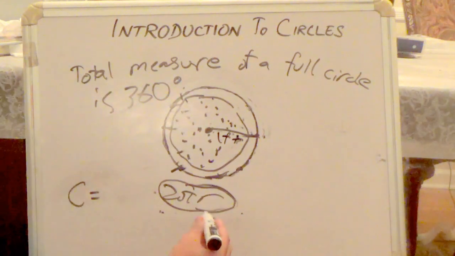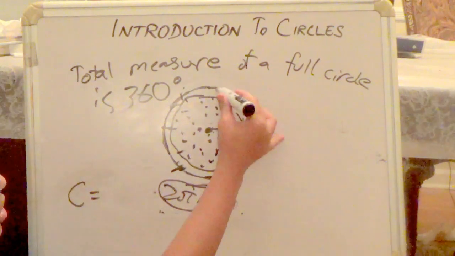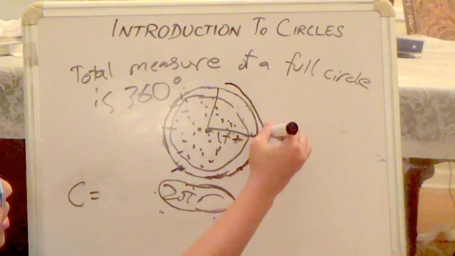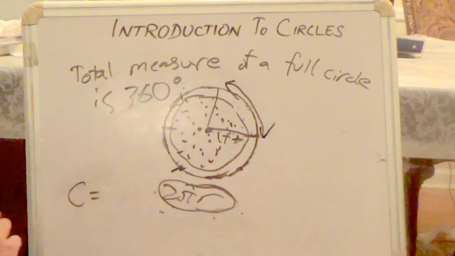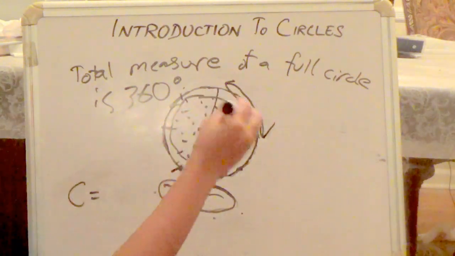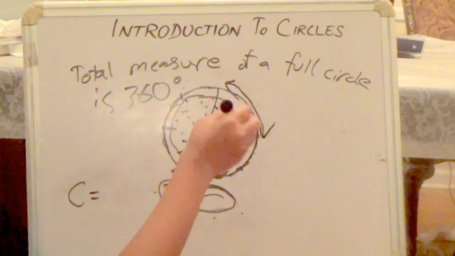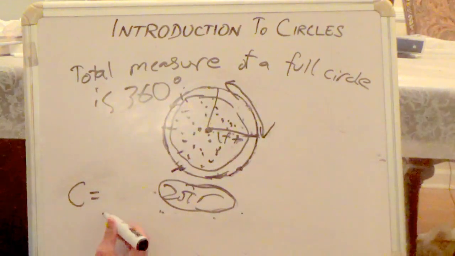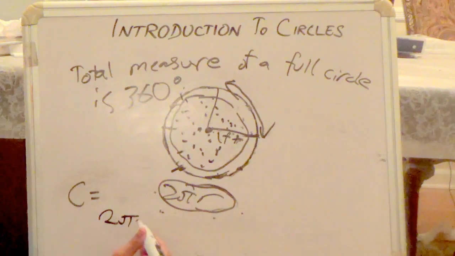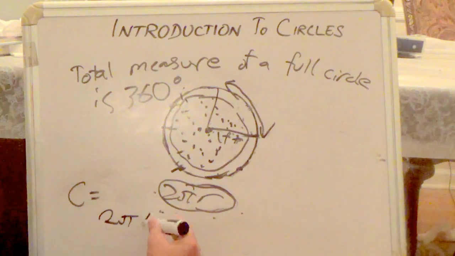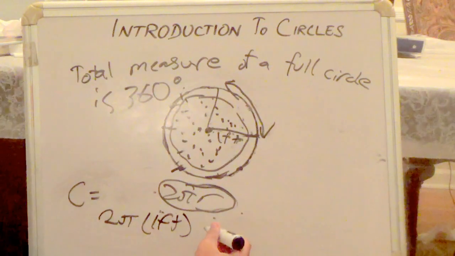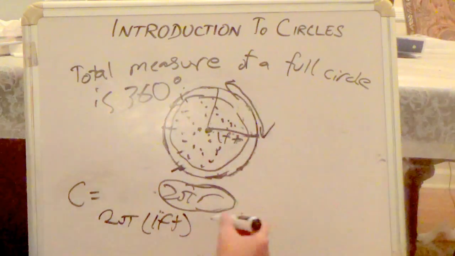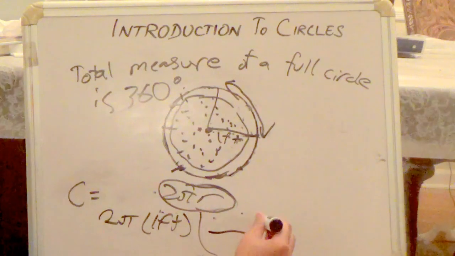Okay, so to find how much crust there is, because you want to find the measure of a quarter of the entire pizza. So how much crust is on a quarter of the whole pizza? What you want to do is 2 pi, since our radius is 1 foot, so we can multiply the entire thing by 2 pi times 1 foot. And you also have to multiply it by how many degrees it is over 360 degrees.